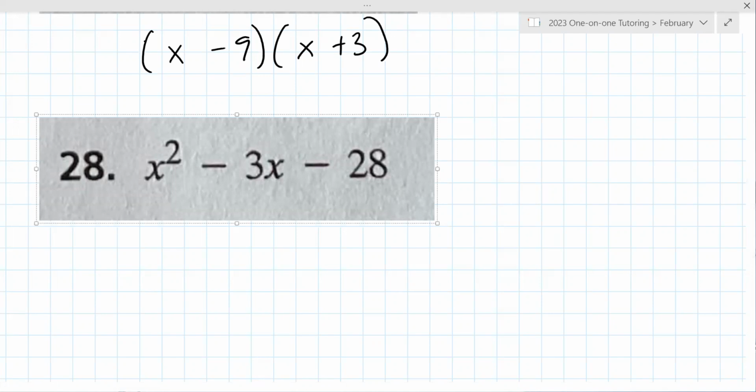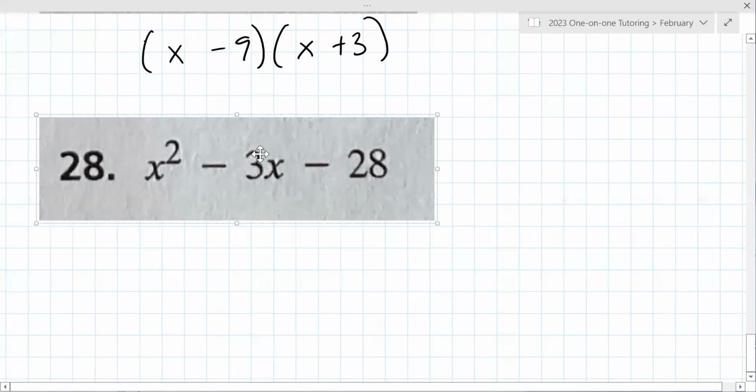So this one, two numbers that multiply to -28 but add to -3. So give that a try, please, if you can.